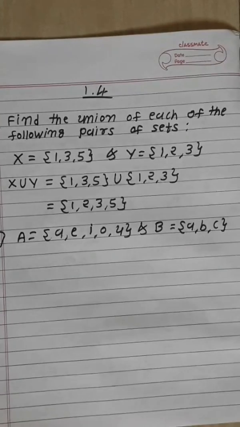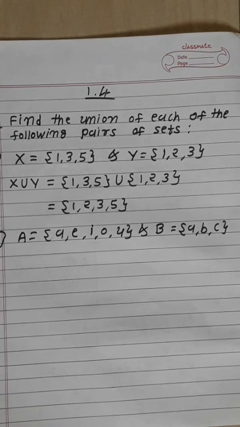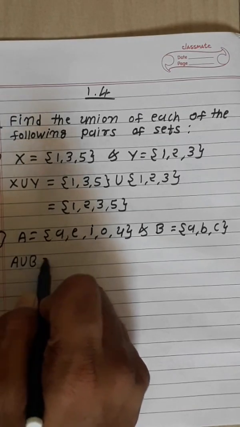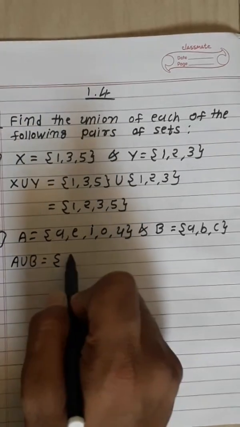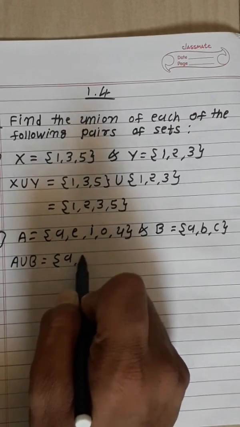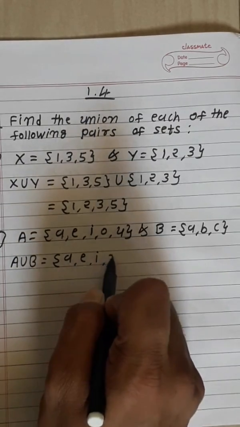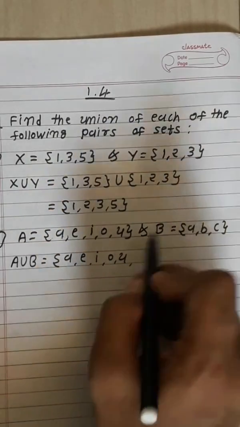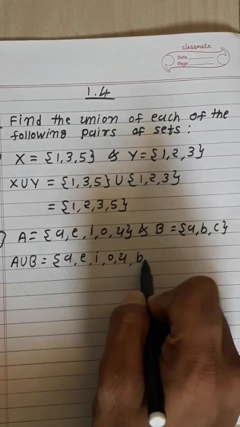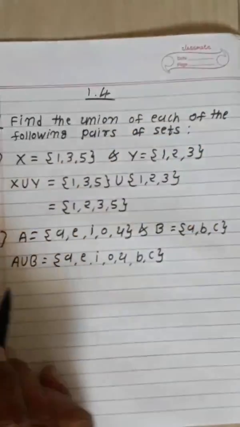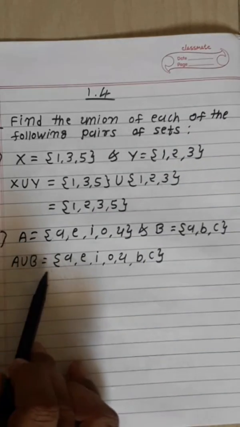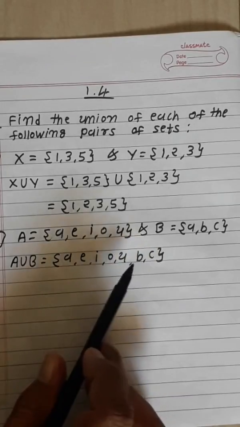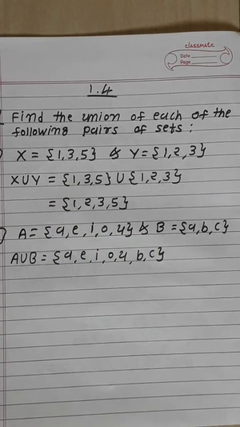Now again our question is to find A union B. So A union B is equal to the set of a, e, i, o, u. Again, a is already present here, so the remaining elements are b and c. So we write A union B is equal to the set of a, e, i, o, u, b, c.